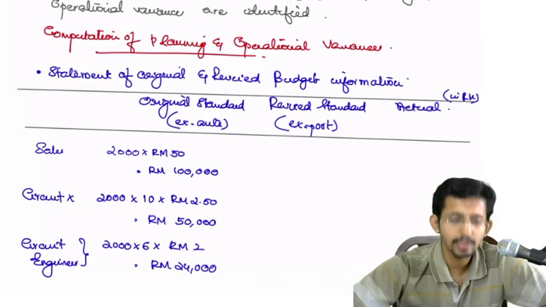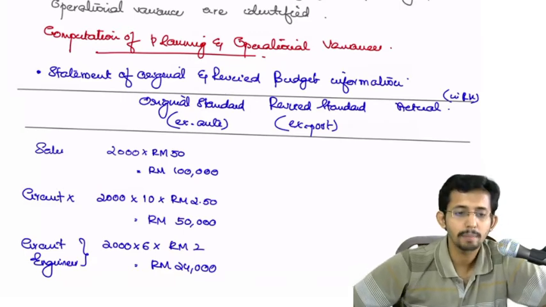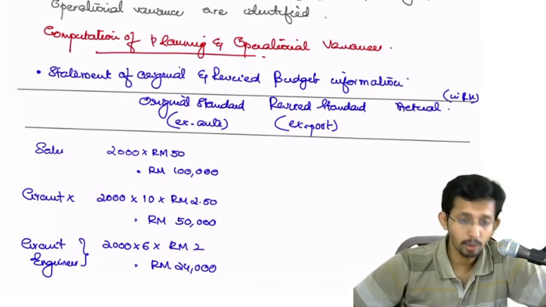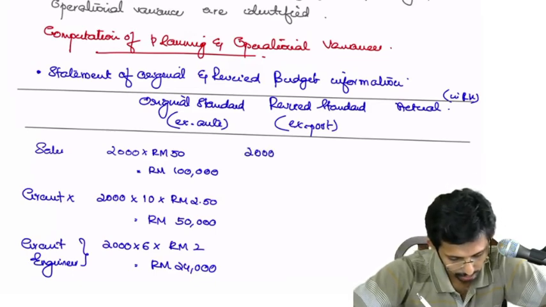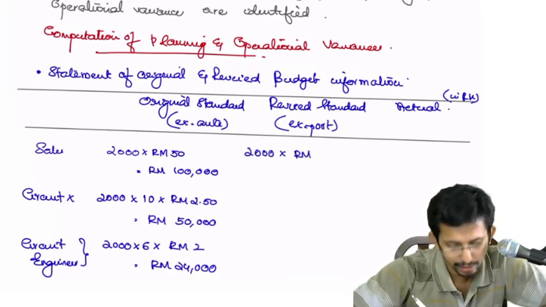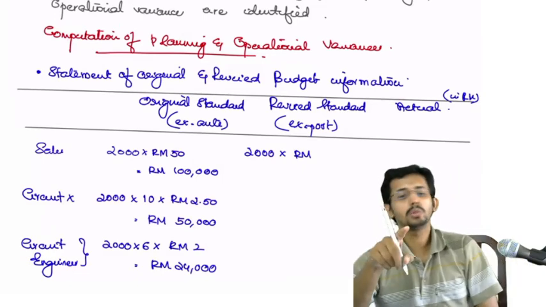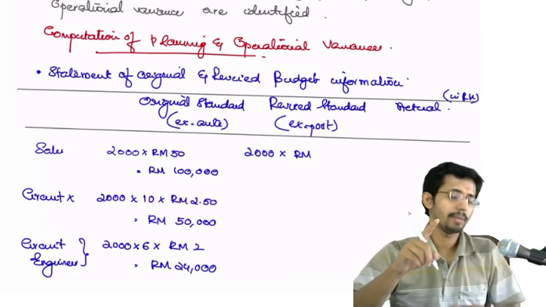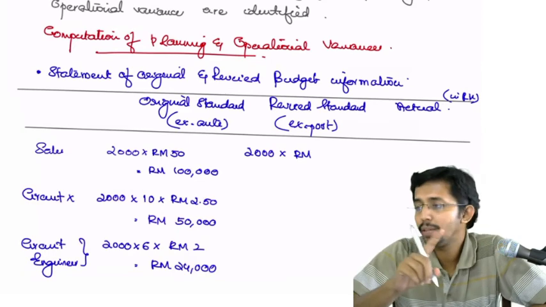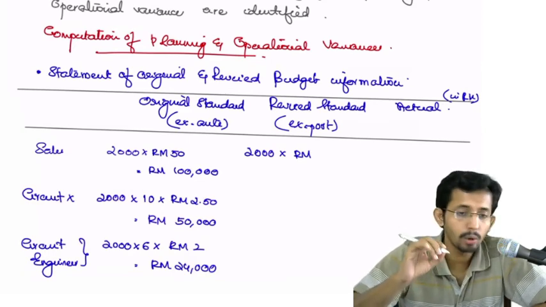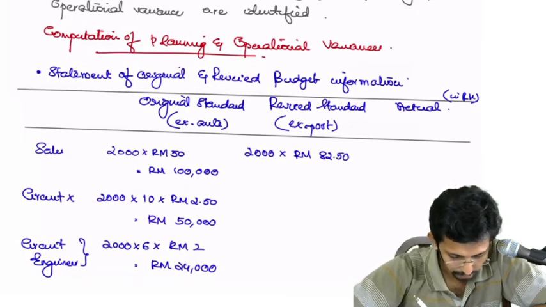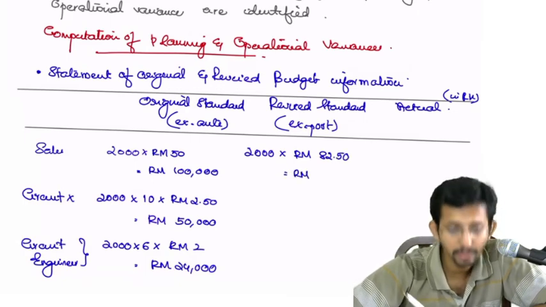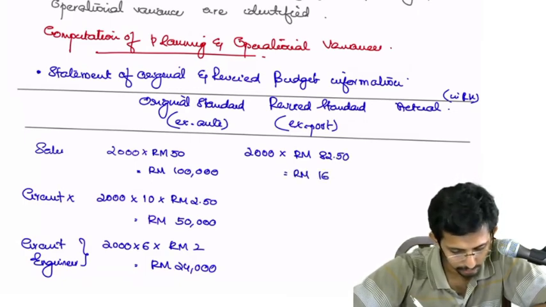If you prepare the revised, how does it appear? Sales, what happened? It is 2000 itself. But they say that even if they sell the goods at 82.50 Malaysian ringgit, they're not going to have any volume issues or volume fall. So into 82.5, that will give you 1,65,000.